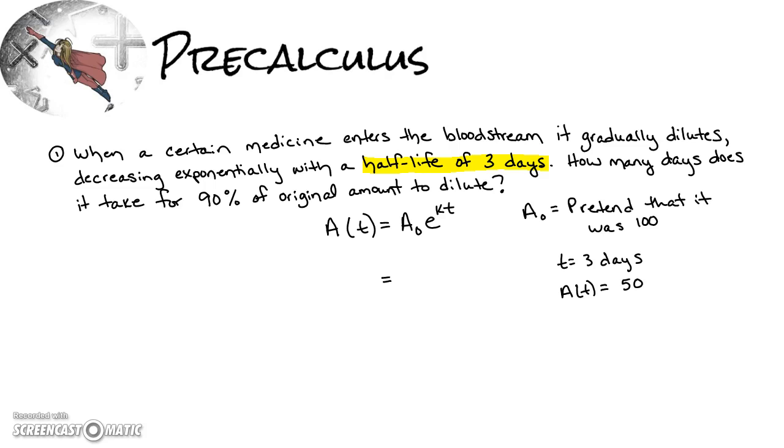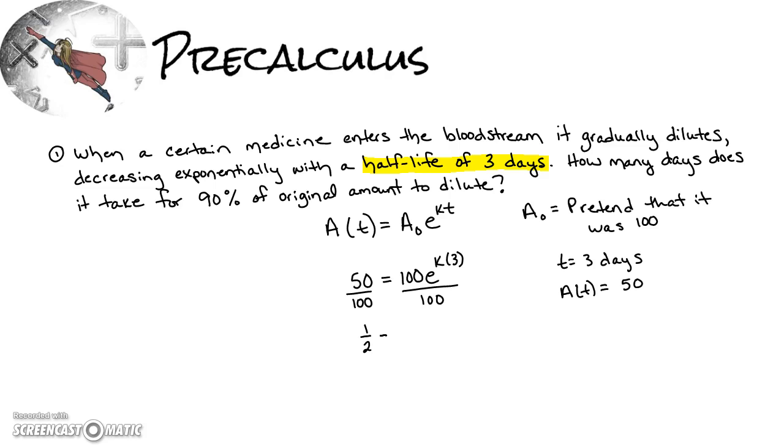So we can plug those numbers in. 50 would go here, equals 100 goes here, e, we don't know k, but in this scenario that we're currently doing, the time is 3 days. So now we can just solve this for k, and this will be the k that we use to answer the next part of the question.